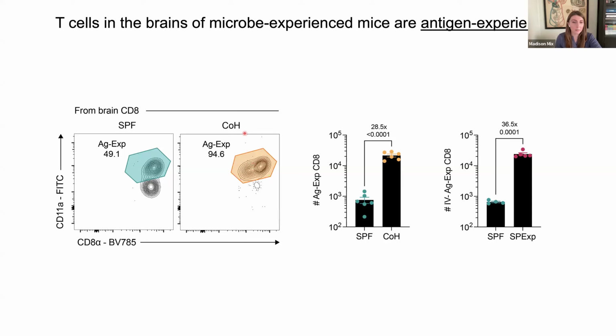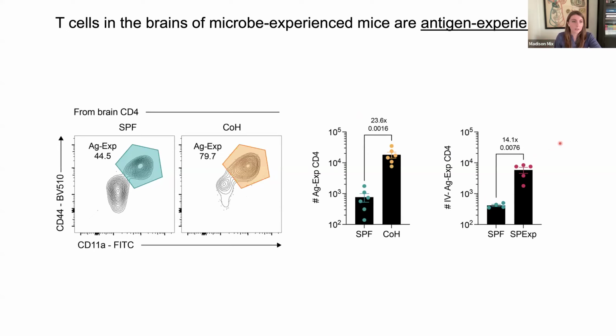co-housed mice, what I hope you can appreciate is that we're seeing an enriched population of antigen-experienced T cells in our co-housed mice. When we then look at the overall cell numbers, compiling both that enriched T cell population in general and the fact that most of these tend to be antigen experienced, we start to see a very striking numeric increase between SPF and co-housed and SPF and specific pathogen experienced mice in terms of how many memory T cells are existing within this brain tissue.